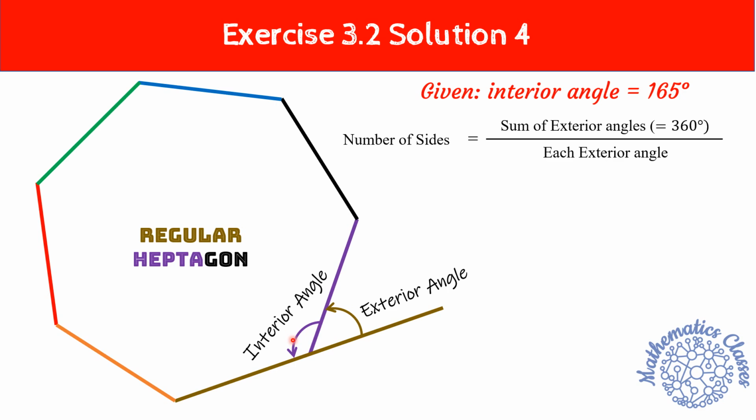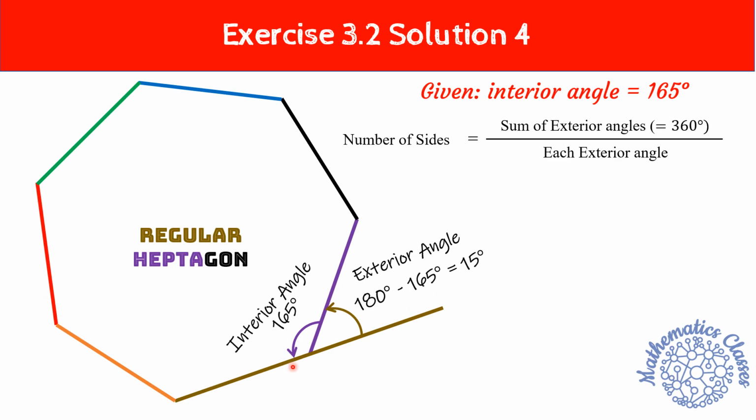If you see, in every polygon the interior and exterior angle always make a straight line, as shown here. So, if the interior angle is 165 degree, the exterior angle would be equal to 180 degree minus 165 degree, that is 15 degree.